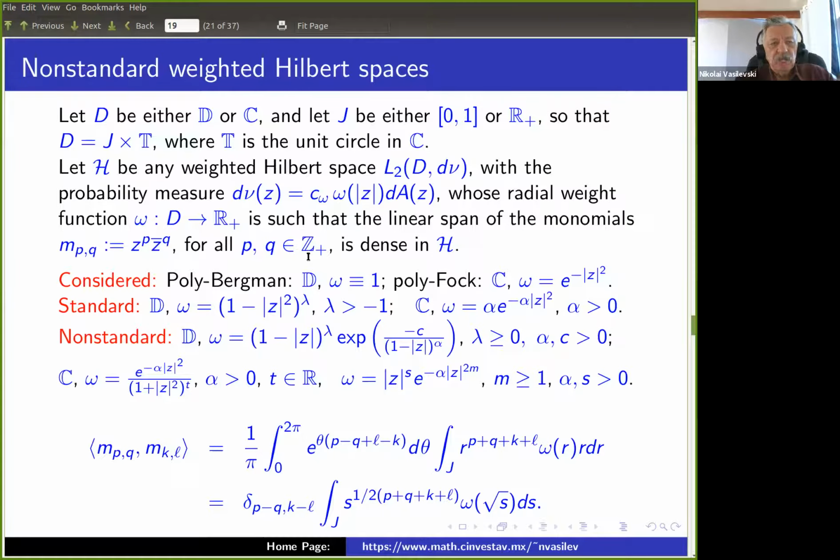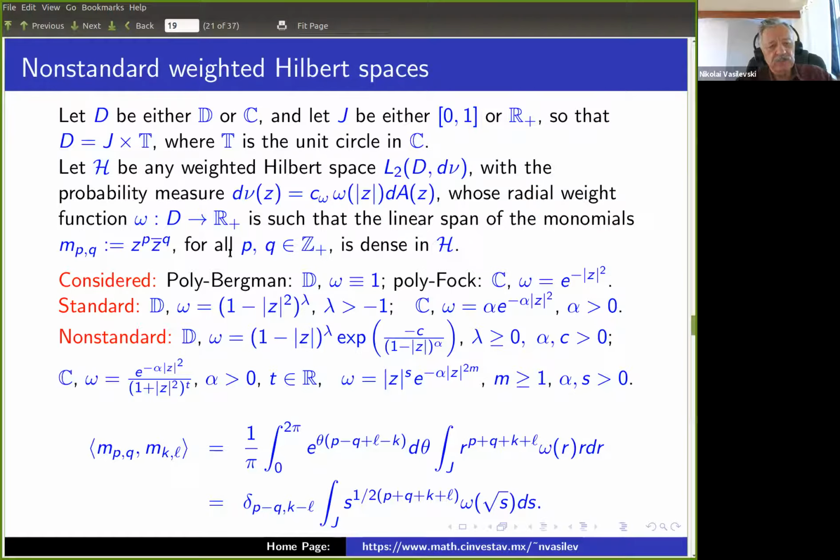There are many non-standard weighted Hilbert spaces recently considered. The weight is a probability measure which depends only on the radial part of Z. And we assume that the measure is such that the linear span of all monomials, powers of Z times powers of Z bar, is dense in our space H.